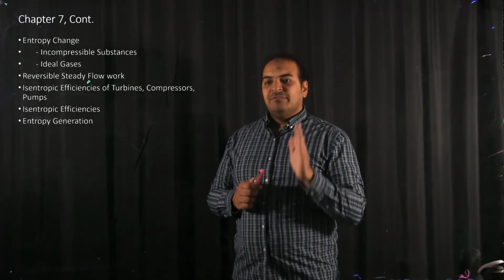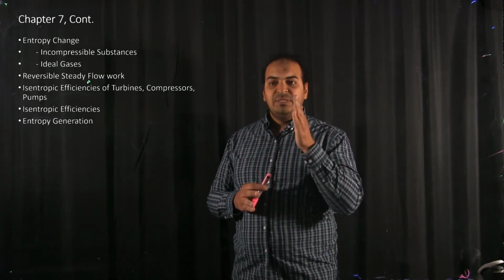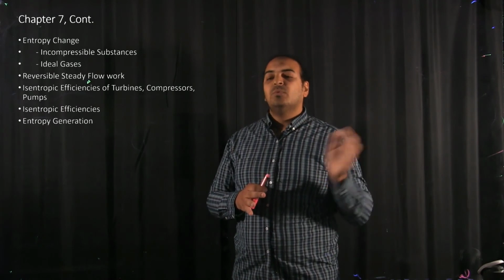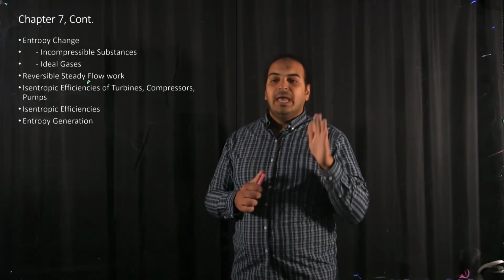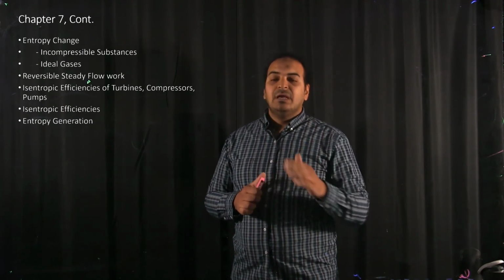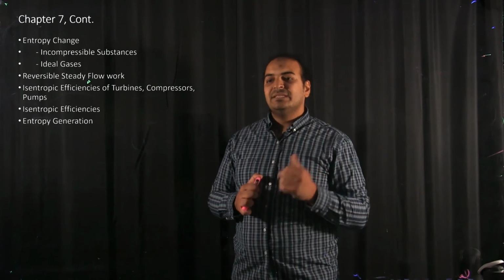For any system, if delta S generation is negative, it means it's an impossible system. It needs to be 0 or more. 0 means ideal, reversible, and of course adiabatic. More than 0 means you have some losses, you have irreversibility.